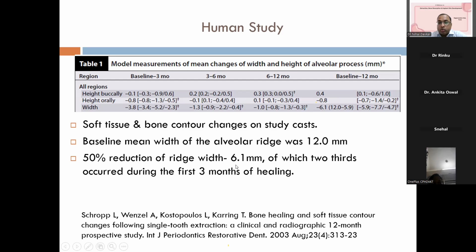That is, it came down to 6.1 millimeters after extraction, of which two-thirds occurred during the first 3 months of healing. As you can see, this is the critical period of healing.